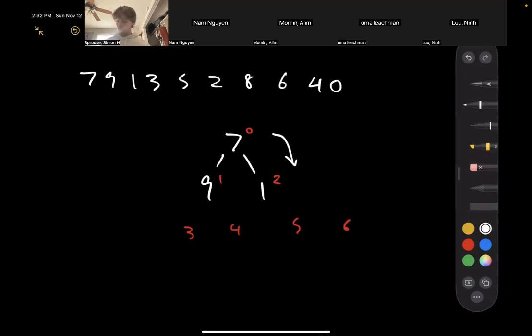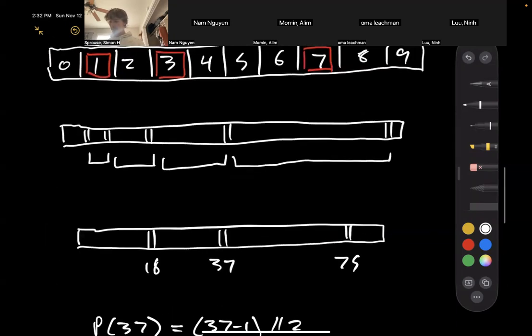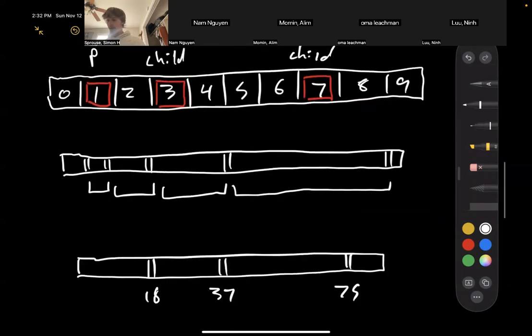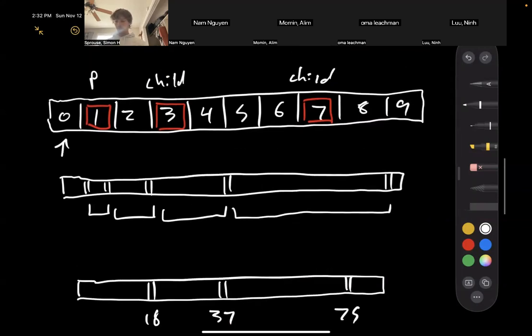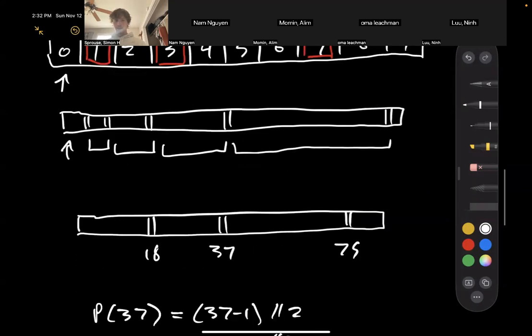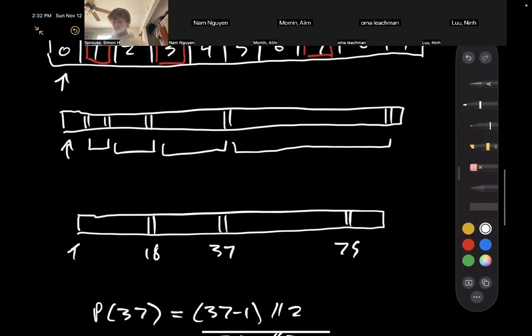Because whenever we call pop or minimum, all that's going to do is return, assuming that this is stored in an array, return array 0. So back to the example before, the cool thing about storing a binary heap in an array is that the root is always just going to be the first index of this array, right? Because it's at position 0.